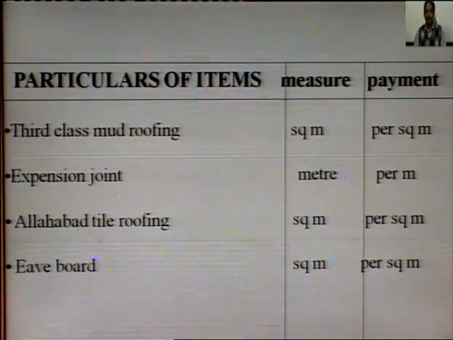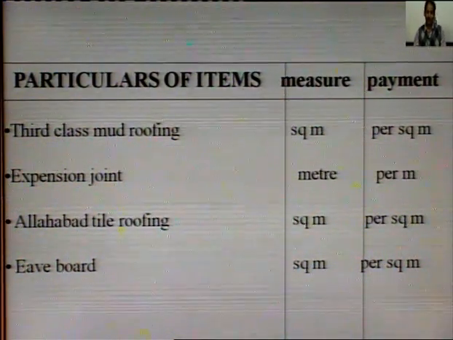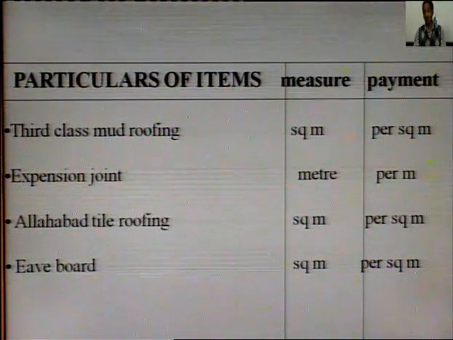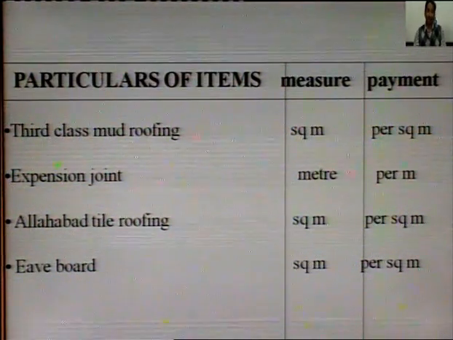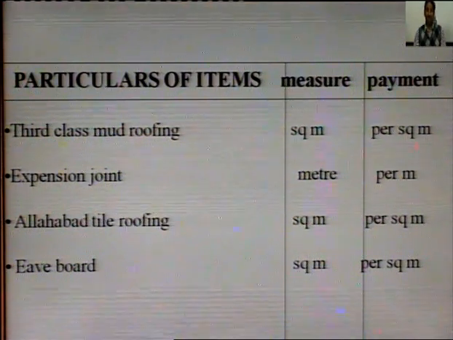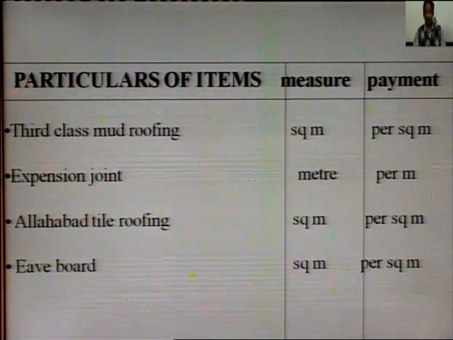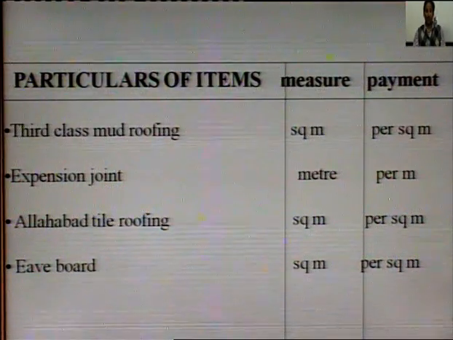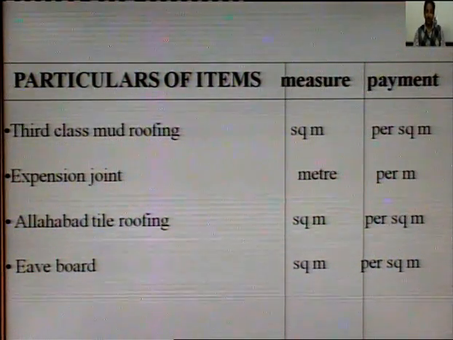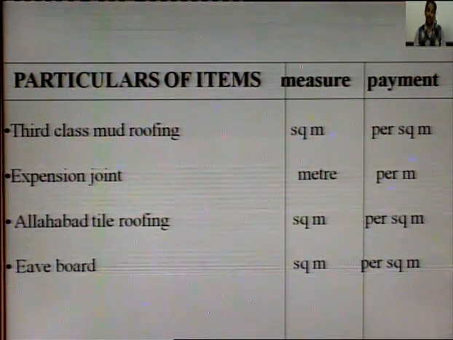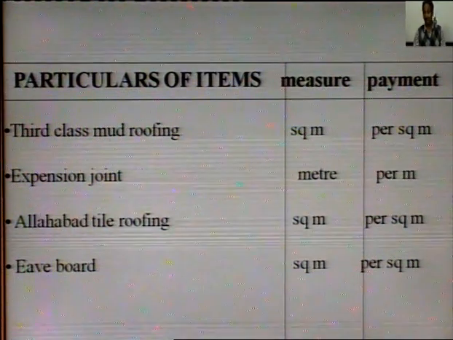And then Allahabad tile roofing. Tile roofing is provided on a truss, in workshops or any industrial area, so Allahabad tile roofing is provided. In case of Allahabad tile roofing, you take the length and breadth of the area.